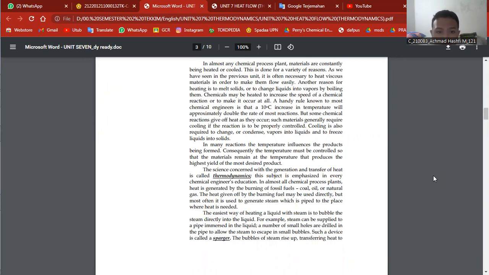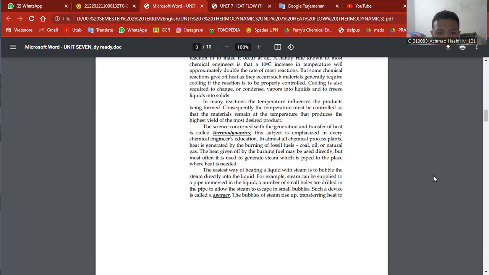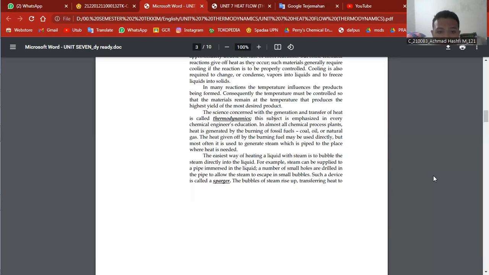Cooling is also required to condense vapors into liquid and to freeze liquids into solids. In many reactions, the temperature influences the product being formed. Consequently, the temperature must be controlled so that the materials remain at the temperature that produces the highest yield of the most desired product.